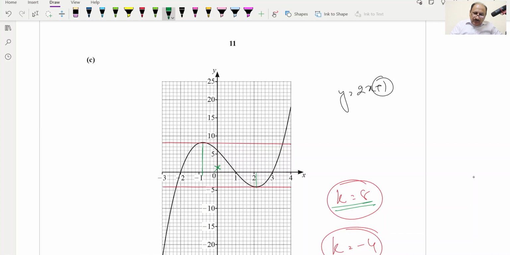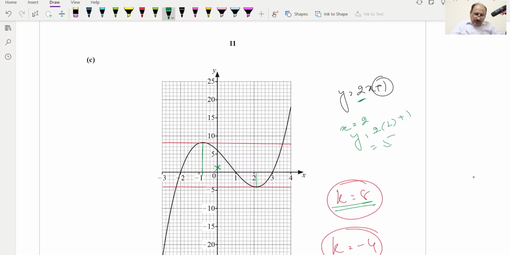We are having the m value, gradient is 2, so we can take any other point, for example x is equal to 2. At x is equal to 2, y will be equal to 2 into 2 plus 1, which is equal to 5.